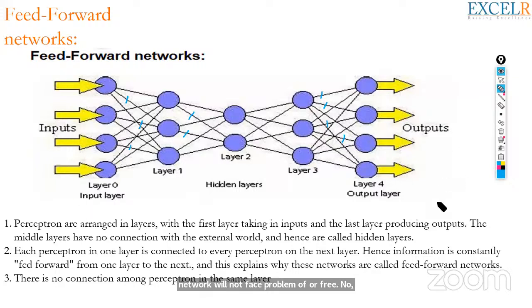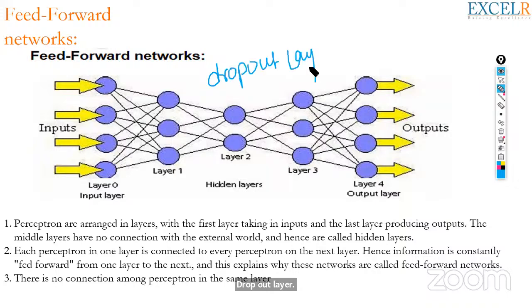Now, this kind of solution you can implement with something called a dropout layer. There is something called a dropout layer. What will this dropout layer do? It will drop a certain number of connections randomly between any two layers.